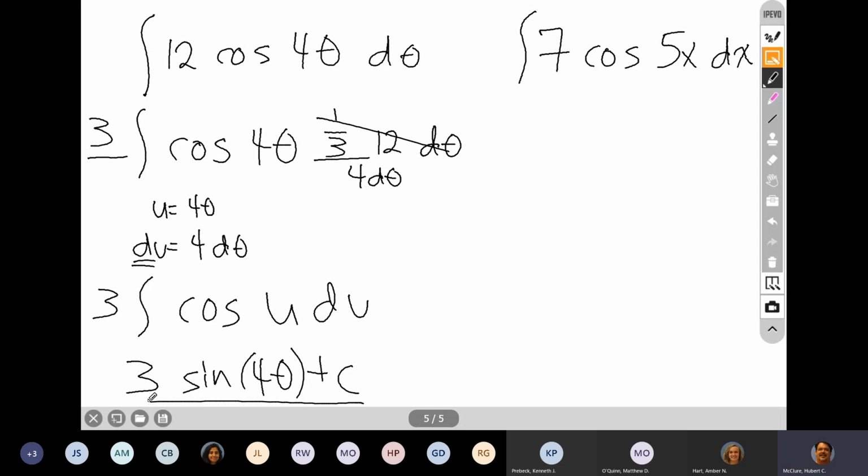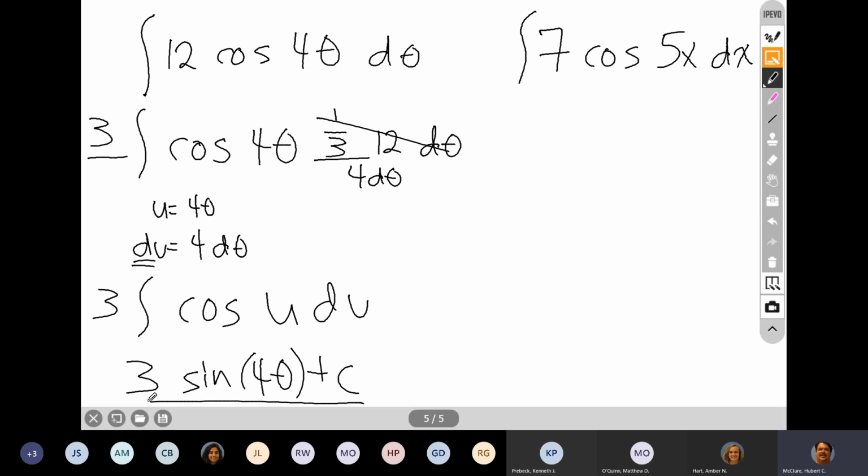The next one. Now, the next one, I'm going to pull that 7 out because really 7 and 5 don't have anything to do with each other. You could have pulled the 12 out and multiplied by 4. You could have done that.